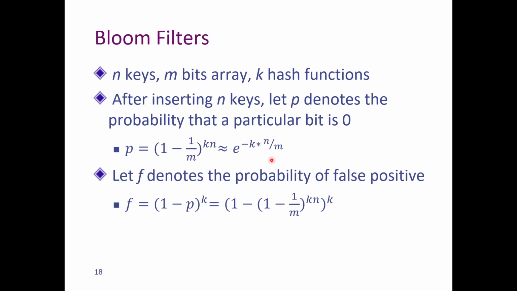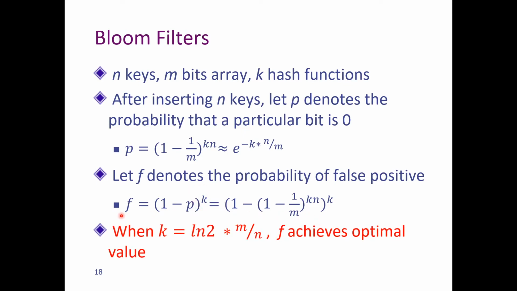I don't want to explain it in detail, but from the formula, we can find that p is related to k, n, and m. If f denotes the probability of false positives, then f is equal to (1 minus p) to the power of k, and it can be converted to this equation.